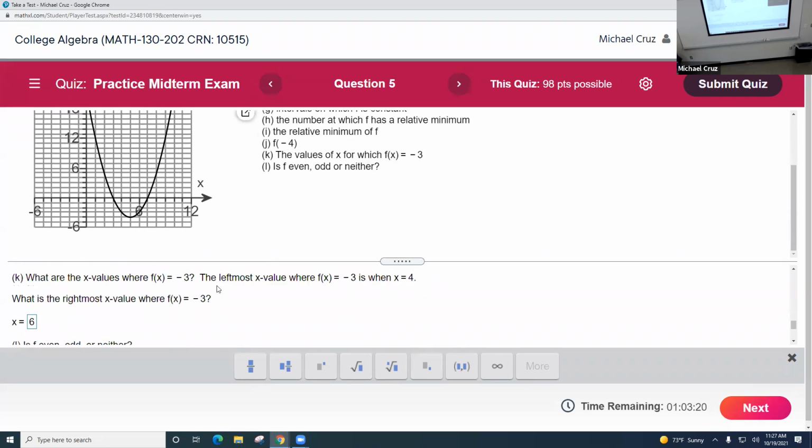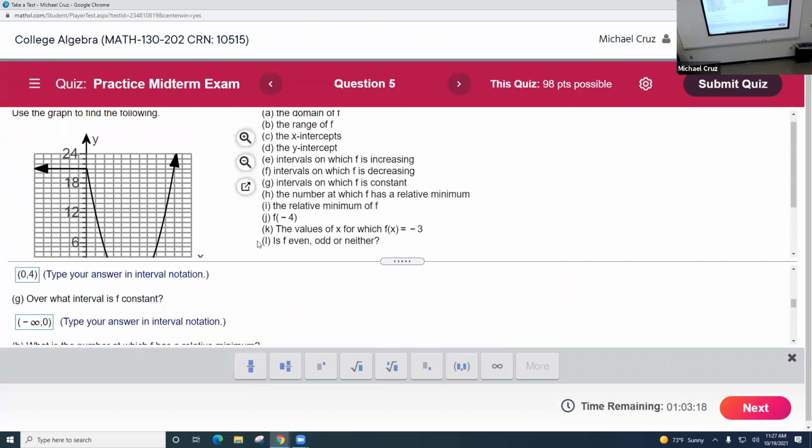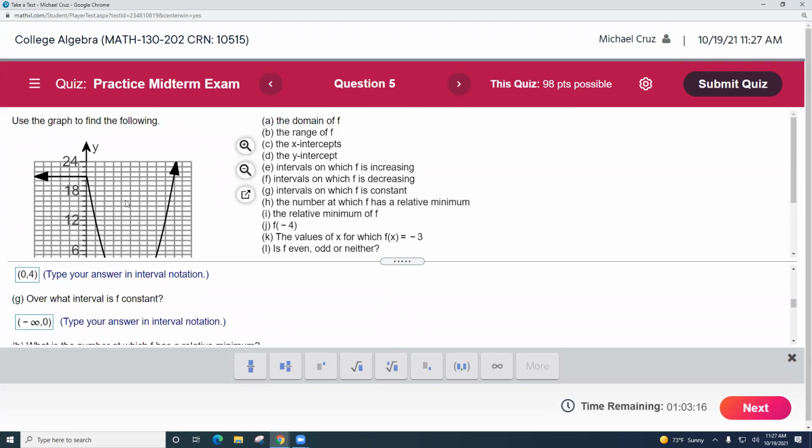Odd, even, or neither? Even? What makes you say it's even? Because even means you're going to have a certain kind of symmetry. Oh, never mind.